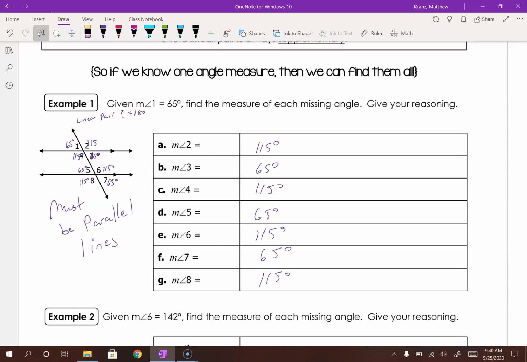So now, it wants you to find the measure of each missing angle and give your reasoning. Well, basically, angle 2, well, that's a linear pair. So LP is linear pair. Same side interior. Consecutive interior.